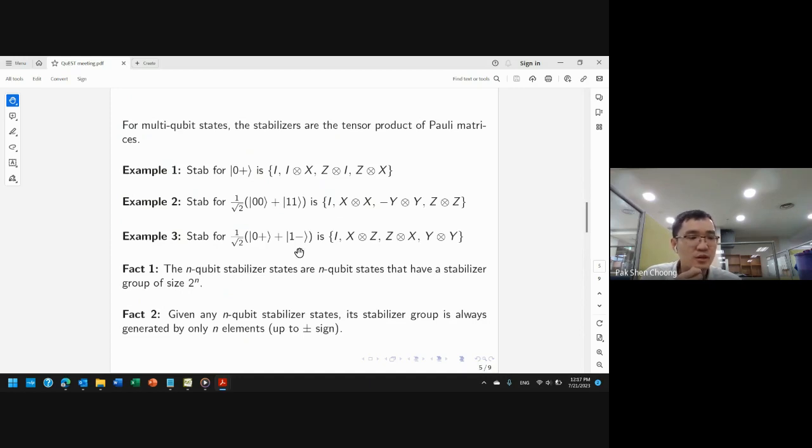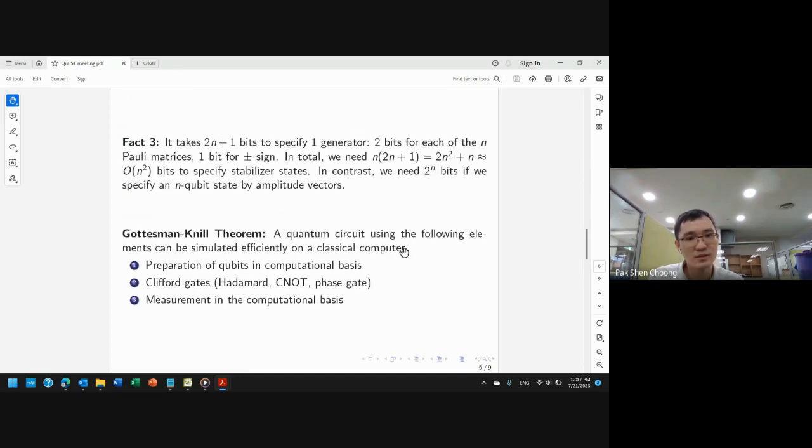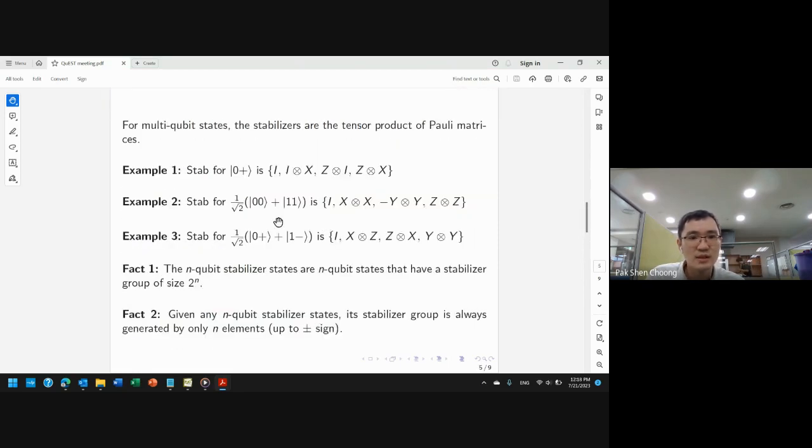I mentioned before that you can only travel to certain states if you use just the Clifford gates, these three operations. If you stick to these three, you can only travel to certain states. Those certain states are called the stabilizer states.